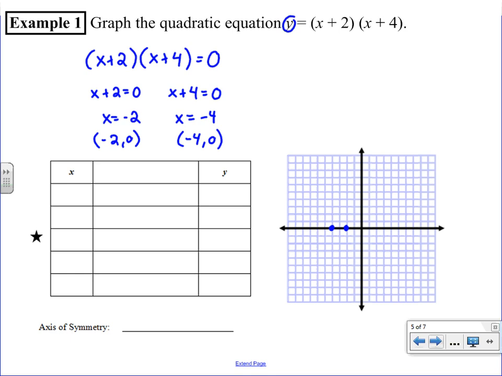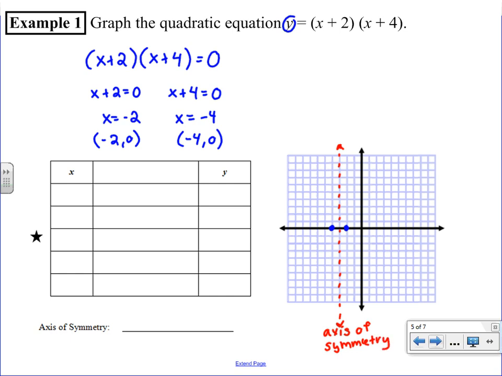So if I find the zeros, I can easily find the middle and I can sketch in that axis of symmetry. And I will label that axis of symmetry. So I've done a lot of math here without actually writing much math down.